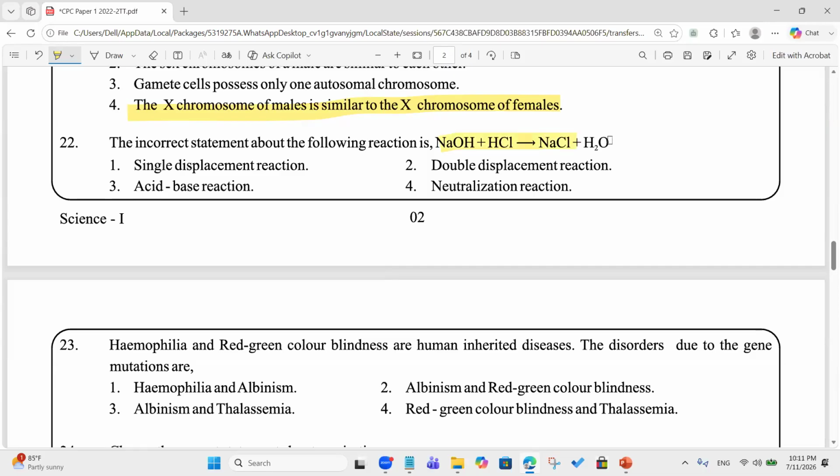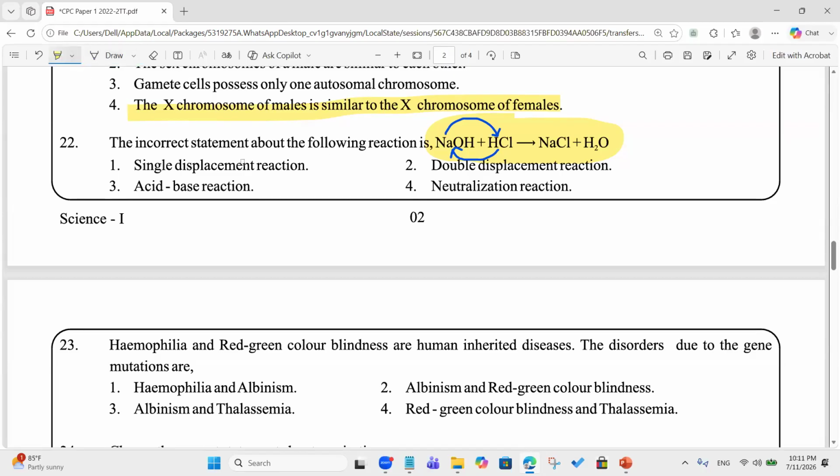So what type of reaction is this? See, sodium displaces hydrogen and joins with chlorine. That's how sodium chloride forms. This hydrogen displaces sodium and joins with OH. That's how water is formed.